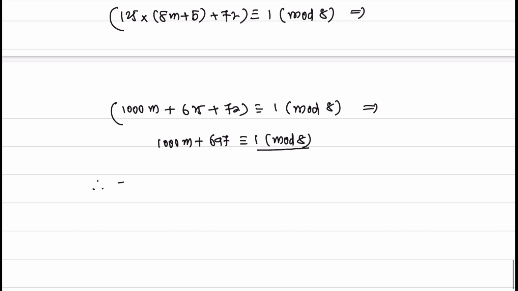Therefore, 7777 to the power of 7777 is equivalent to 1000m plus 697.